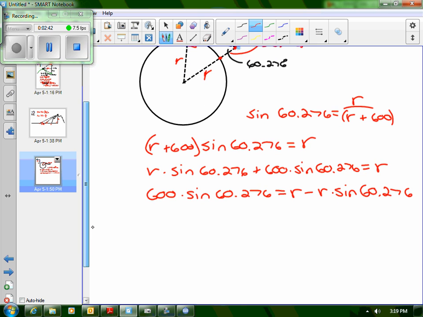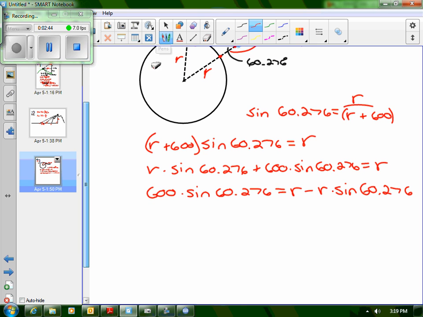Both of these terms have r in it, so I'm going to factor out an r. So the left side stays the same. And the right side, I'm going to factor that r out. So I have r, and then if I factor that out, this becomes 1. And then it's just minus the sine of 60.276.